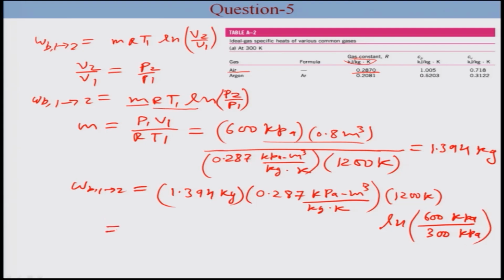So from here total work will be 332.8 kilojoule.